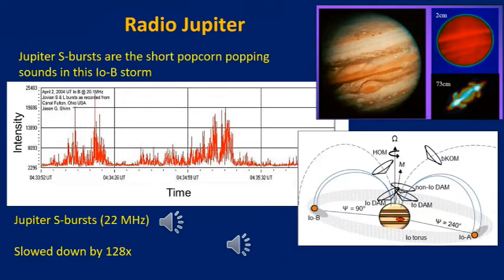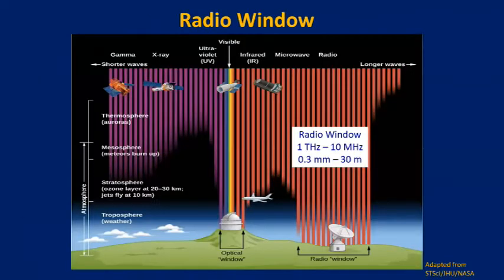So it's kind of fun to hear the sounds of solar and Jupiter bursts. That's part of the motivator, part of the education, to try to get people interested in radio astronomy: you can give them this hook of hearing the signals coming from these different objects.